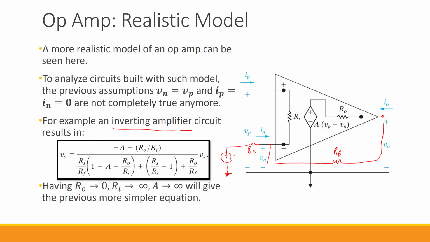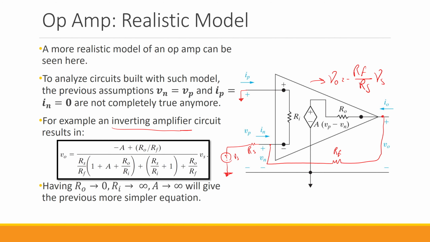Also we had Vp to be zero, or the non-inverting input connected to the ground. Based on the simple equation that we had for the inverting amplifier, VO would be negative RF over RS multiplied by VS. This was based on all of the simplifications that we had done.